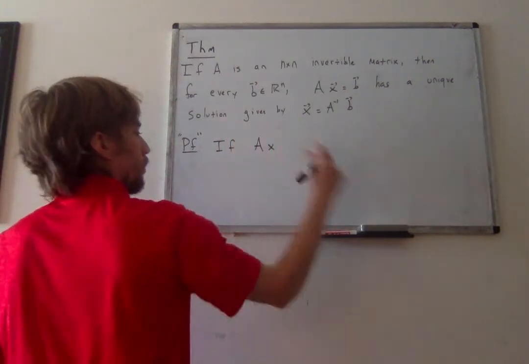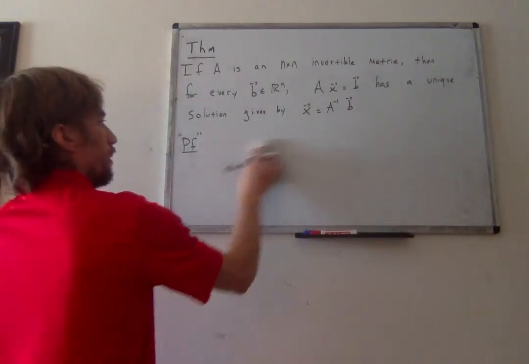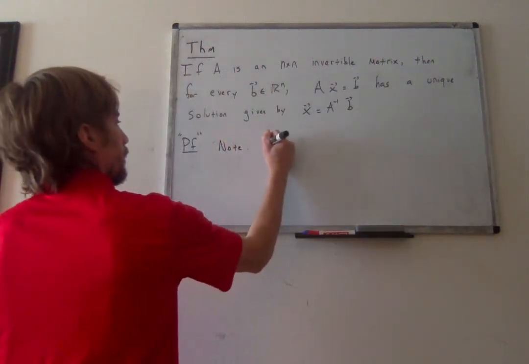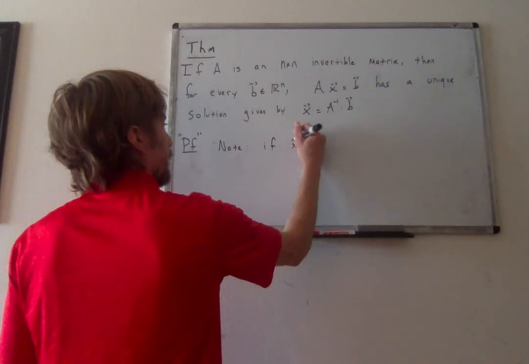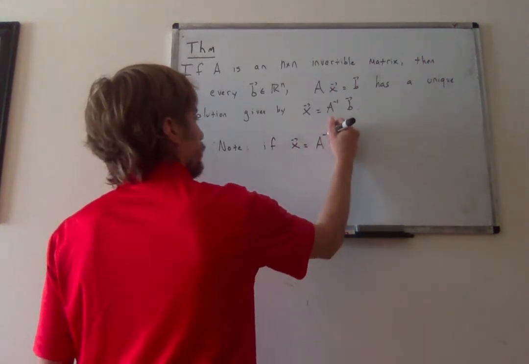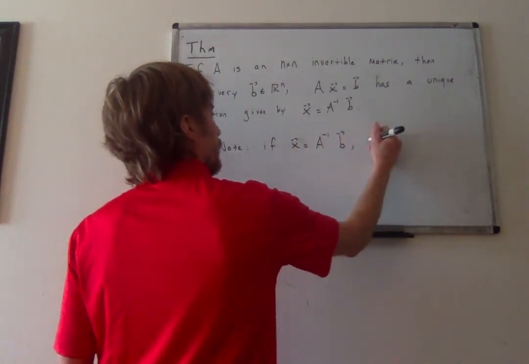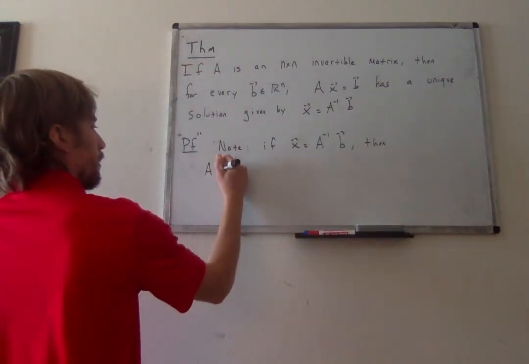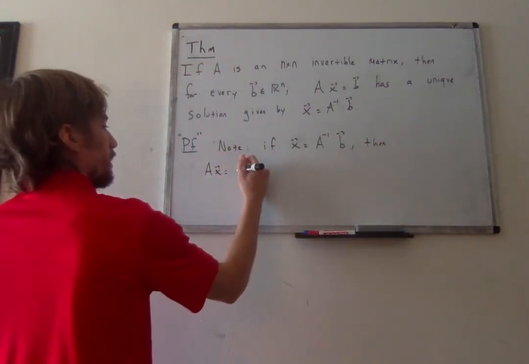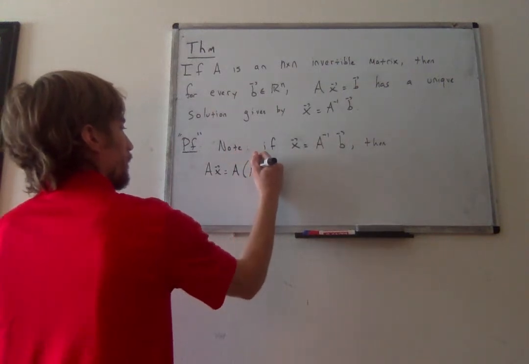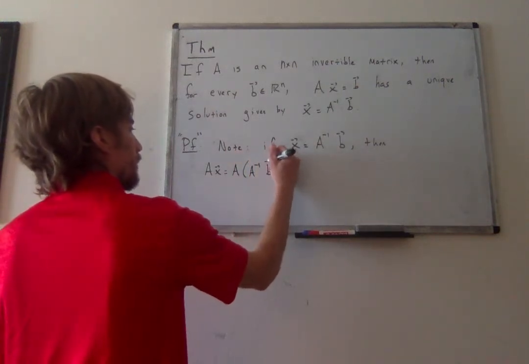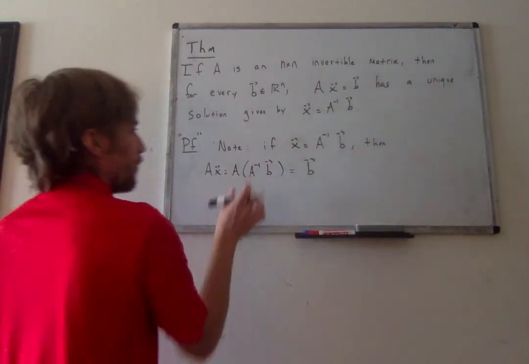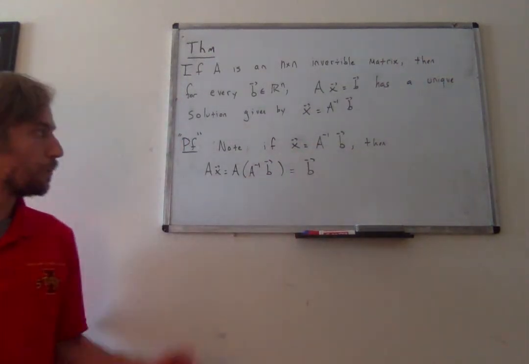So just note, if X is equal to A inverse times B, then AX is equal to A times A inverse times B, which is equal to B, because again, A times A inverse gives me the identity matrix.